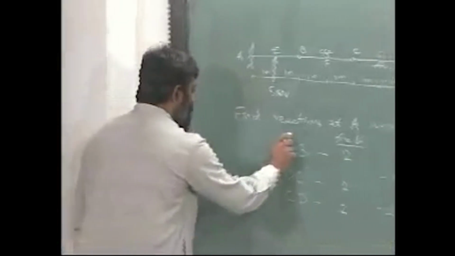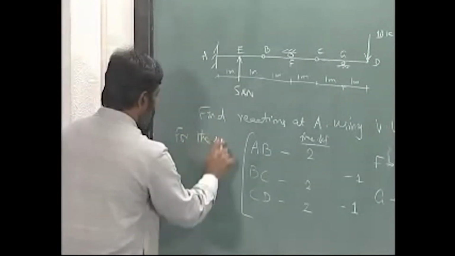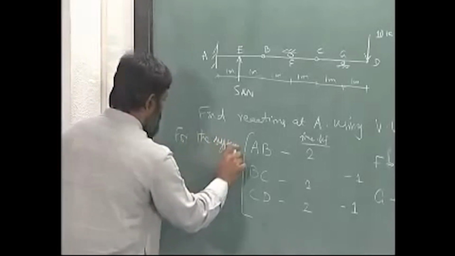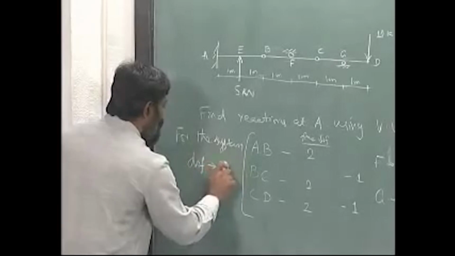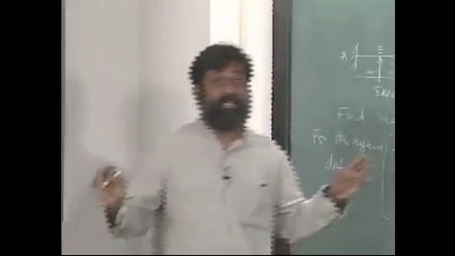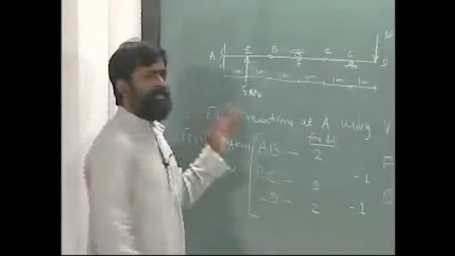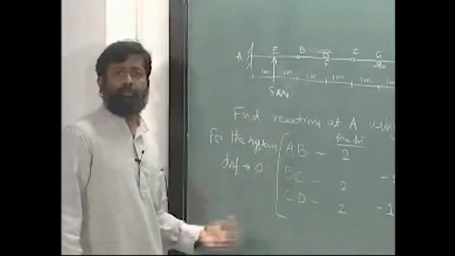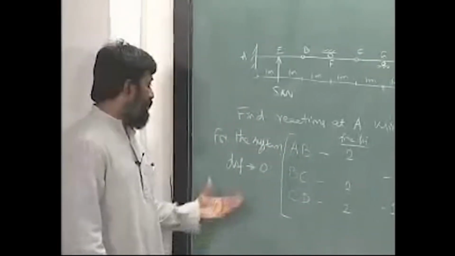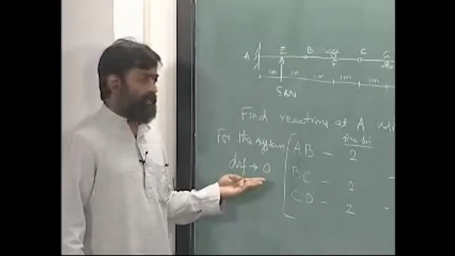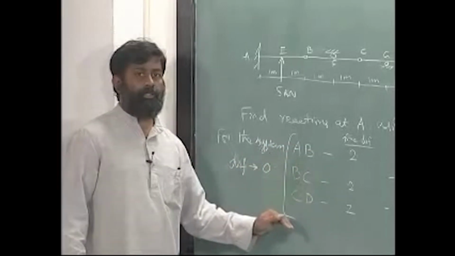Okay. So for the system, total degrees of freedom equals 0, which means it is a determinate system, alright. Which means what? I can use equations of equilibrium to solve it. Okay. Mind you, this way of doing should be done with caution.